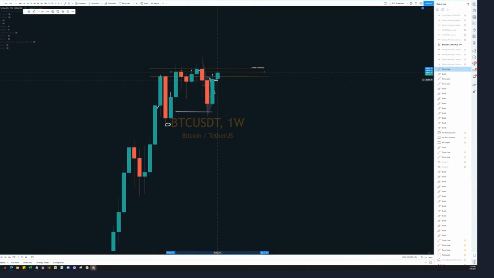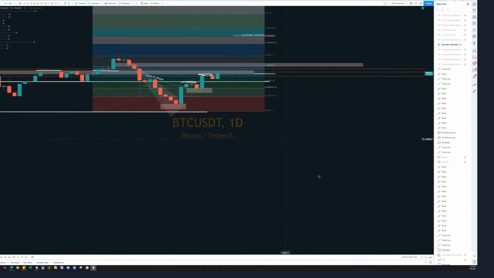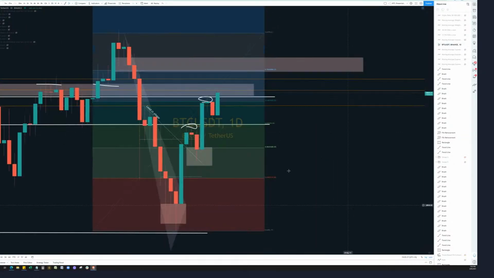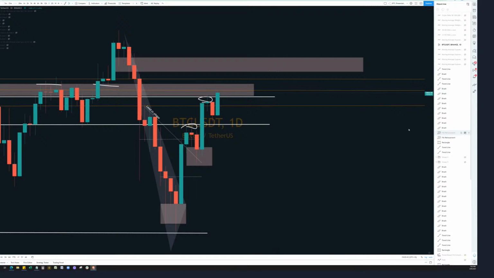And now what we can do is we've identified what's important at this level, and now we're going to go to the daily. And I could, just for the time being, hide this. And you see confluence, don't you?